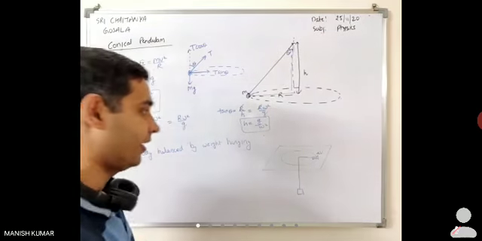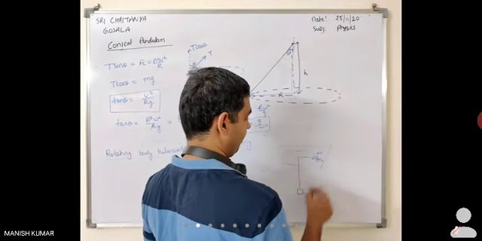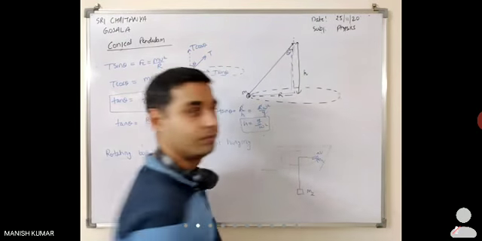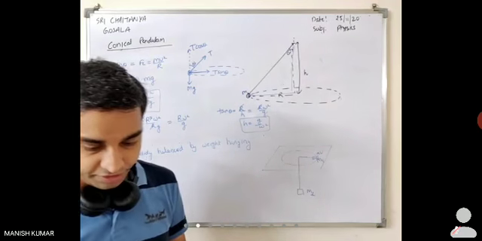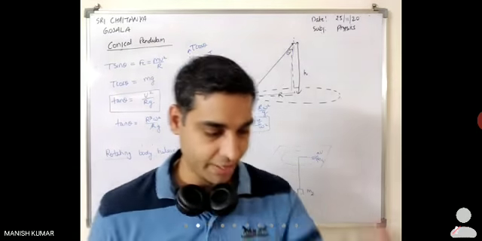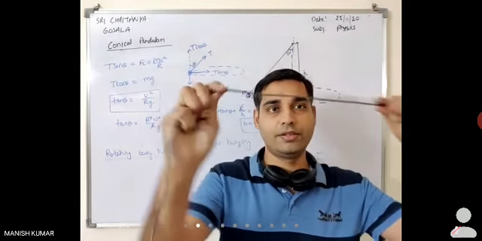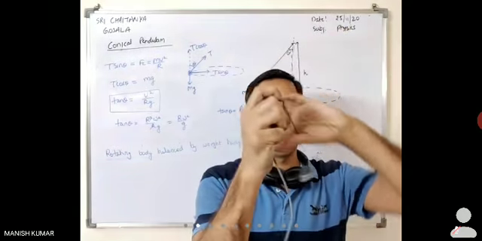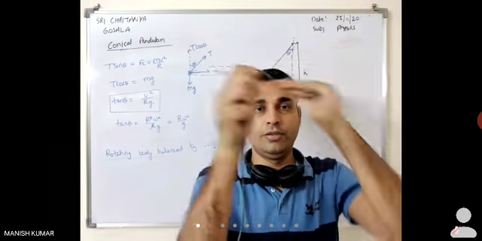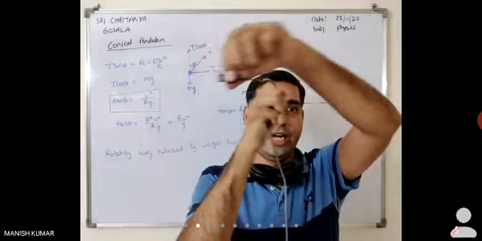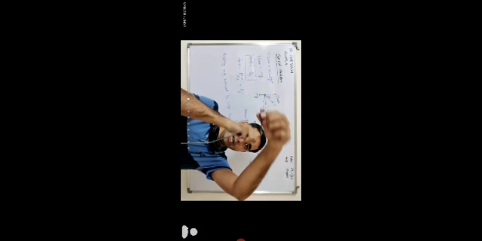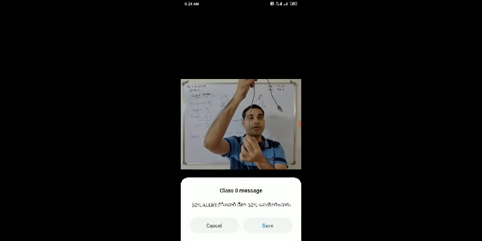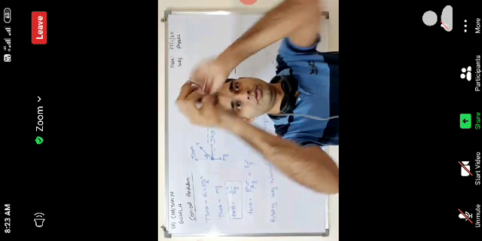Draw the diagram. Let's say this is M1, this is M2. One body is revolving like this in a circle through the string, and the other end of the string is passing through the center and a block is connected to it. Do you understand the diagram?